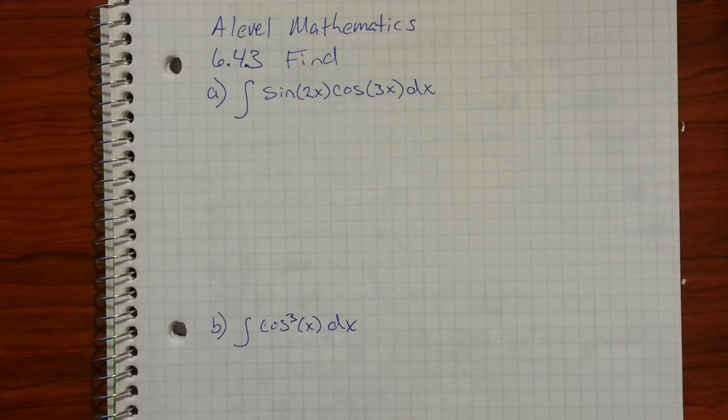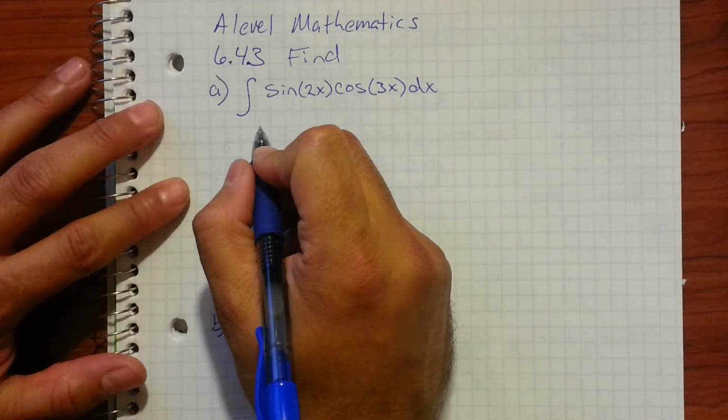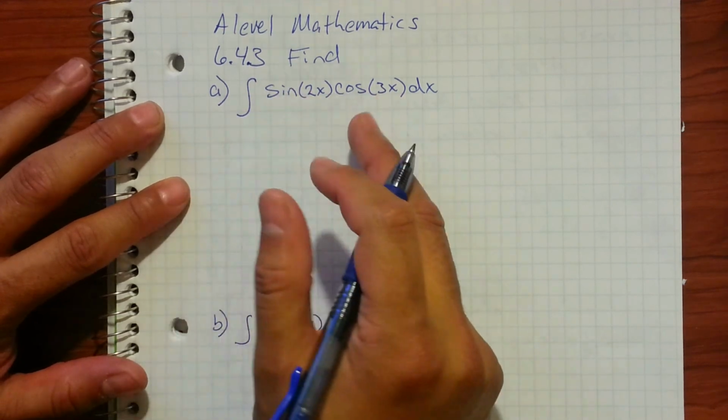that at the beginning of this one right here, I gave you a bunch of identities for addition. So one of them that I gave you was a sine cosine.